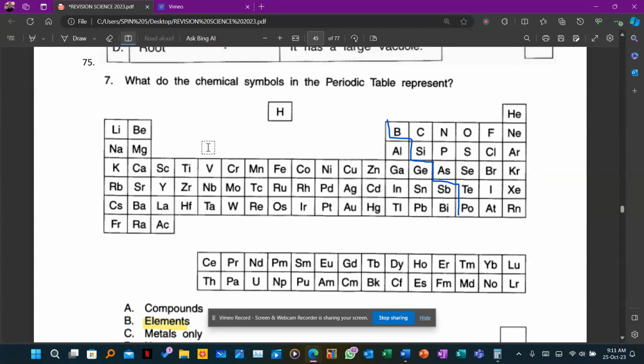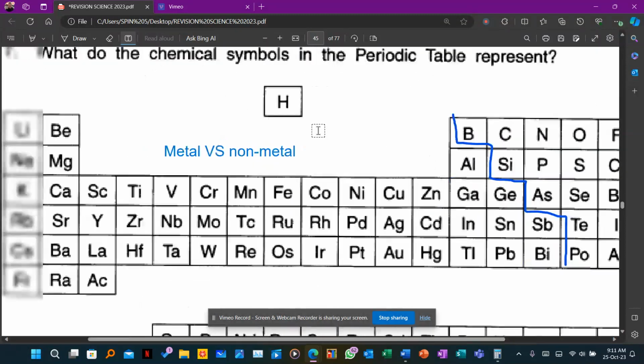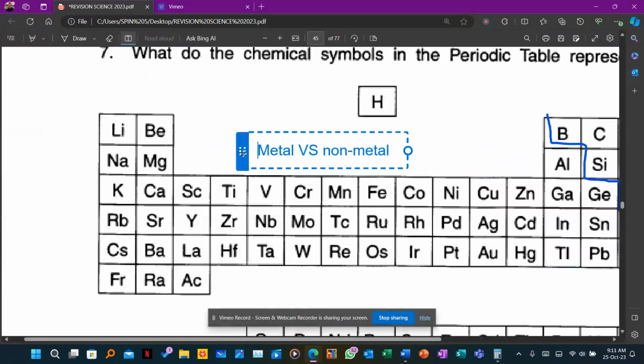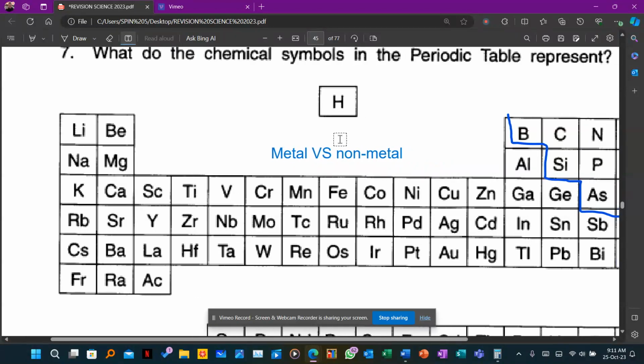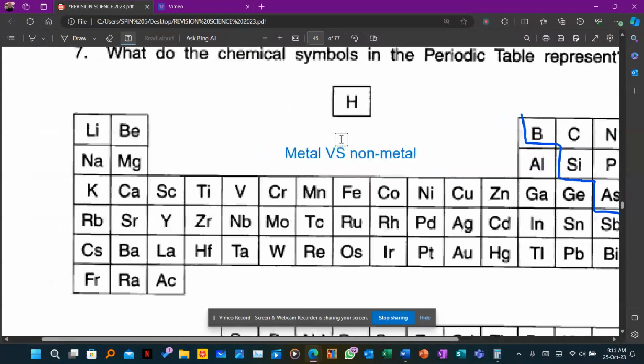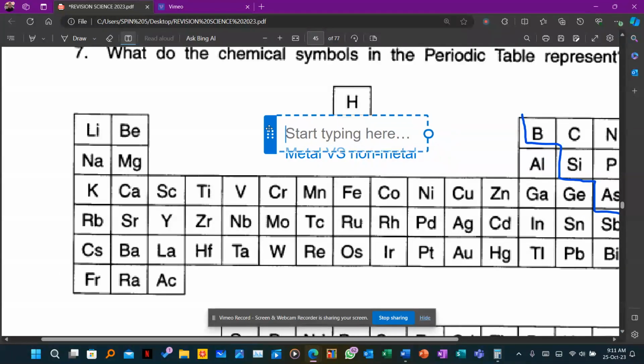And please take note of the differences between metal and non-metal. This doesn't come out in exams as often, but don't be surprised if it does, because it's something that you have learned. They might ask you the difference between metal and non-metal. The simple one is metal is shiny.